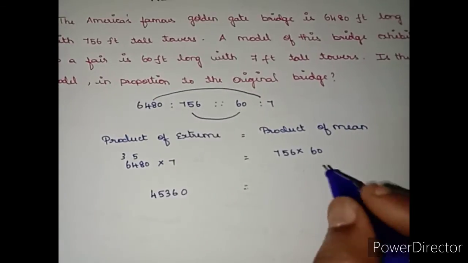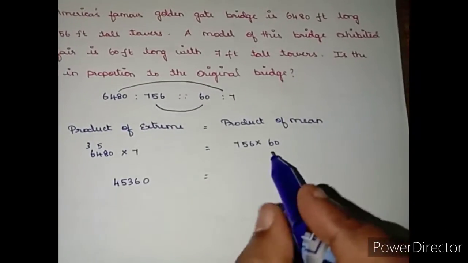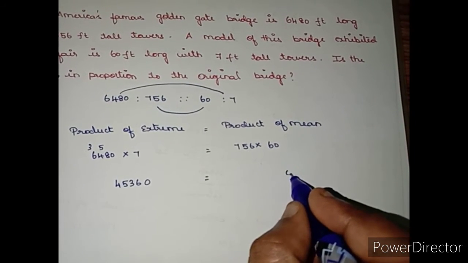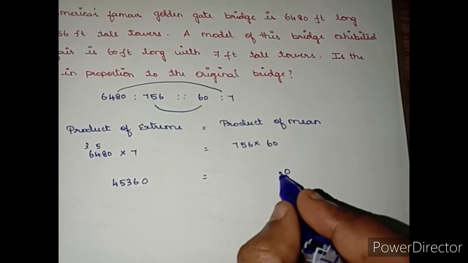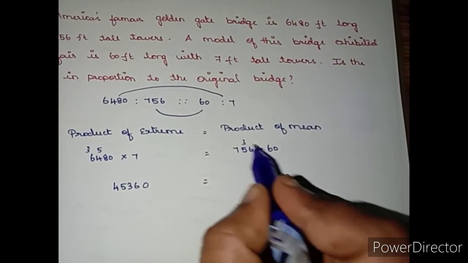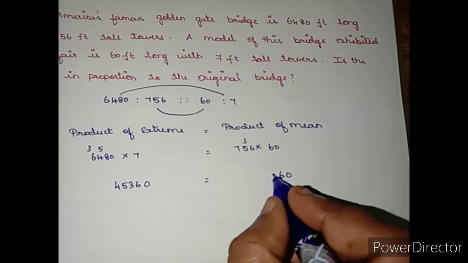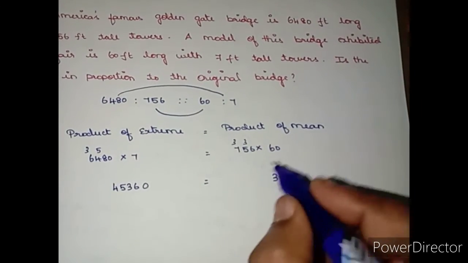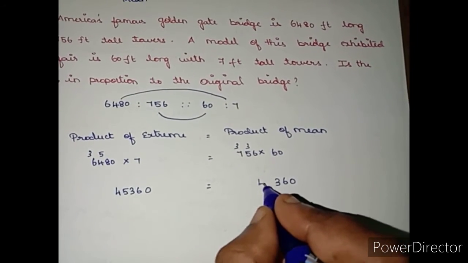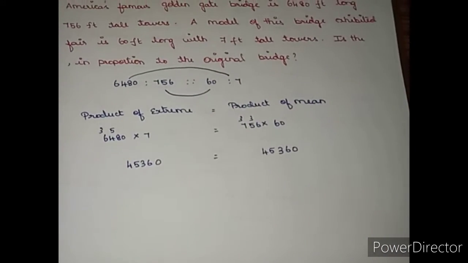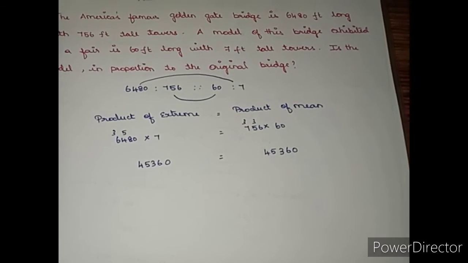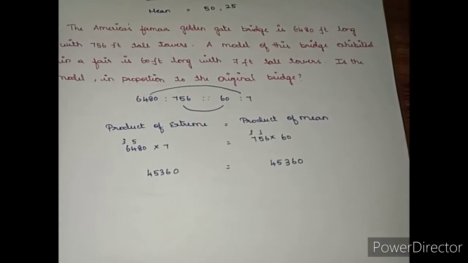Should be equal to, so again 0. 6 6s are 36. 3. 5 6s are 30. 30 plus 3 is 33. 3. 6 7s are 42. 42 plus 3 is 45. So 45,360 we got for both mean and extreme.